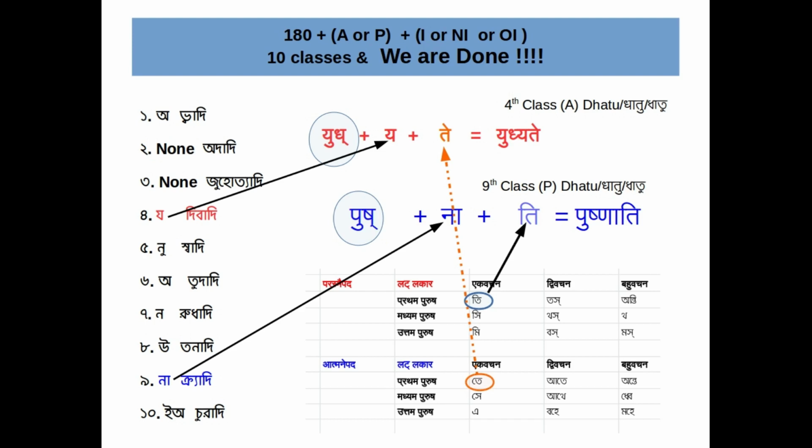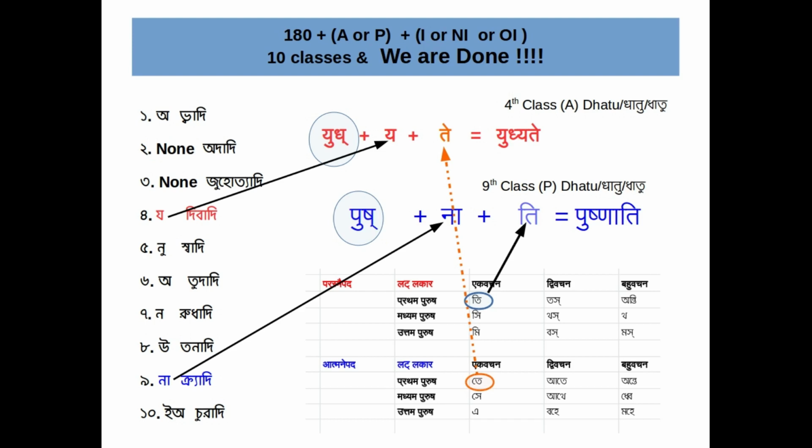Let us look into another example, which is push. It is 9th class, 9th gana, called kradi gana, and we know it is parasmaipadi dhatu. So 9th gana or kradi gana inserts na after the dhatu.